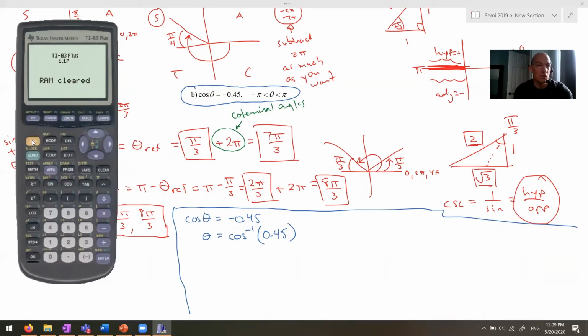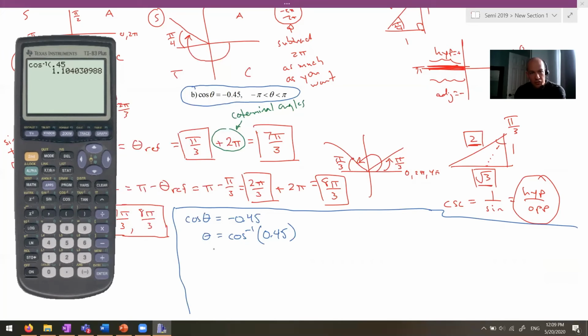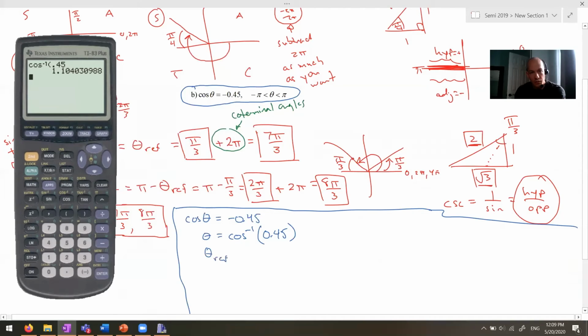So because we're talking about radians, I gotta make sure it's in the right mode, and it's in radian mode, so we're good. Now I'm going to go second cosine, and I am going to type in 0.45. So when I do this, I go equals, and I get 1.100. So that is my reference angle. I should have wrote reference up there.